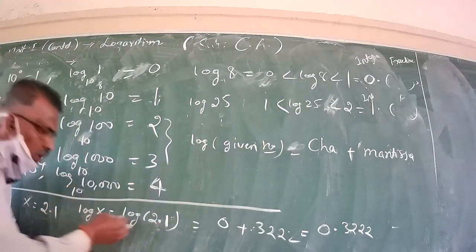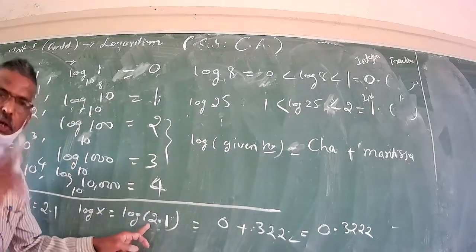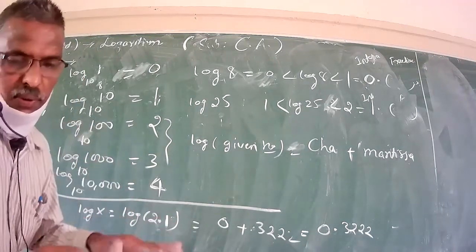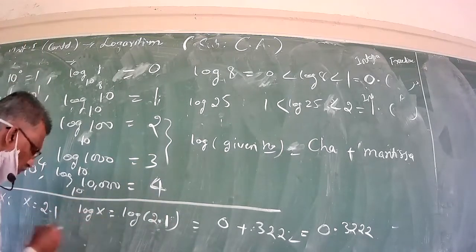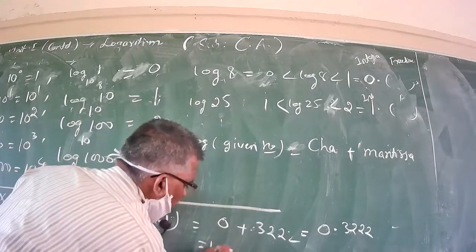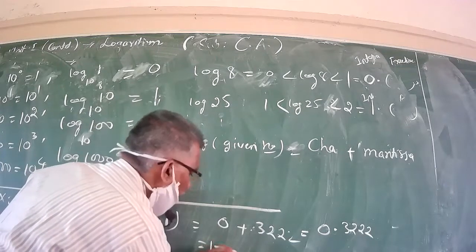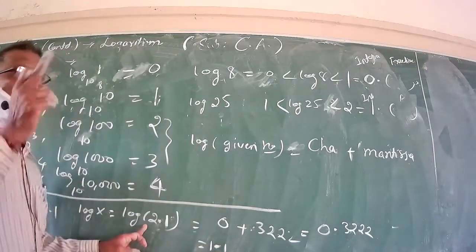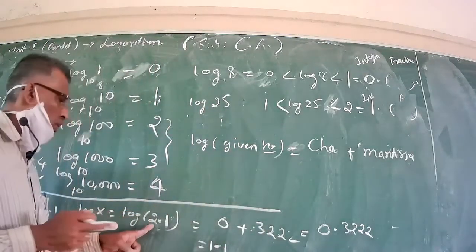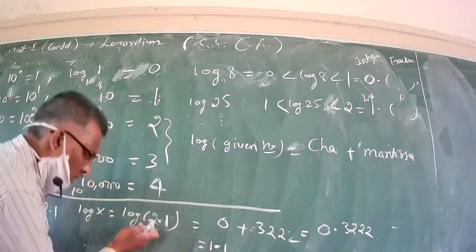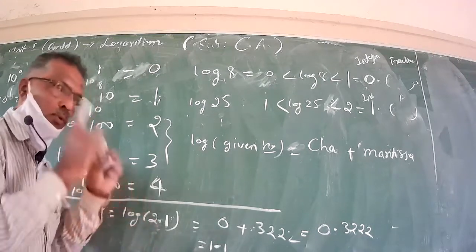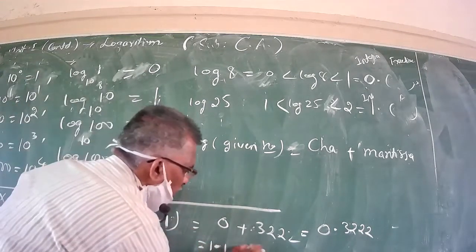Here only one digit is there. You have to count the number of digits and subtract 1 from that. So 1 minus 1 is 0, and the characteristic part is 0.